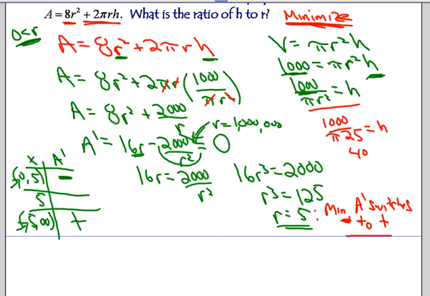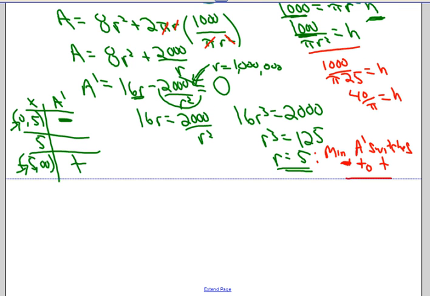So 40 over pi equals h. And then the final answer, they want the ratio of h to r. I have 40 over pi compared to 5. Reduce that by 5, and the ratio is 8 to pi.